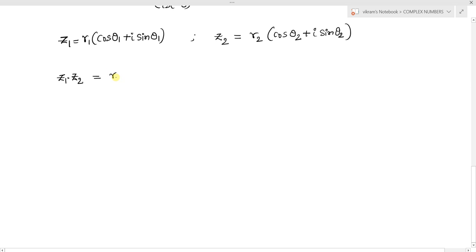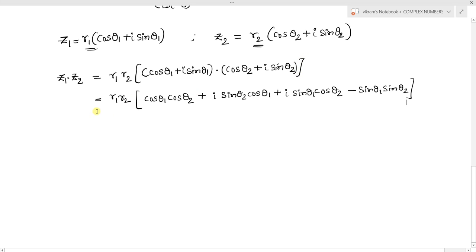Now I am directly multiplying z1 and z2. We get r1 into r2 times cos theta 1 plus i sin theta 1, into cos theta 2 plus i sin theta 2.